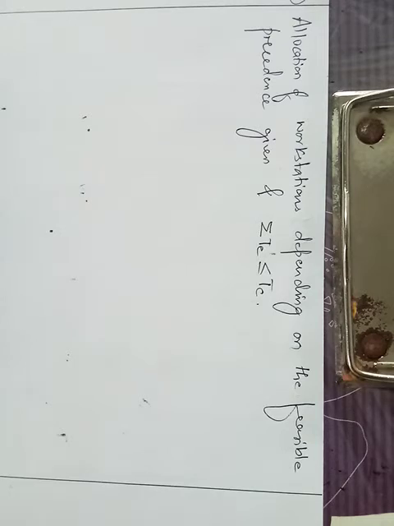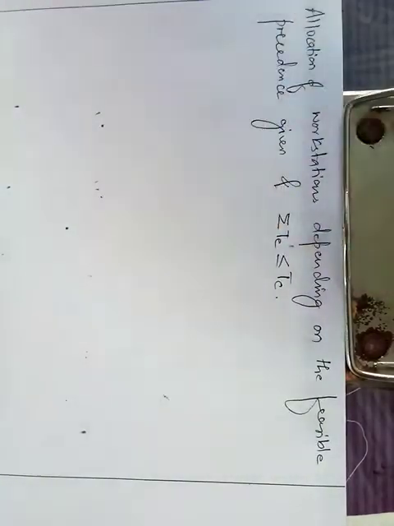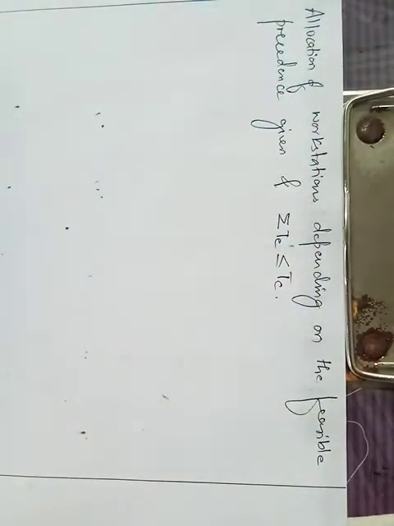I am going to check whether the precedence given is fulfilled and also that the summation of work element times for a particular station is less than or equal to the cycle time. So this is how I am going to do it.